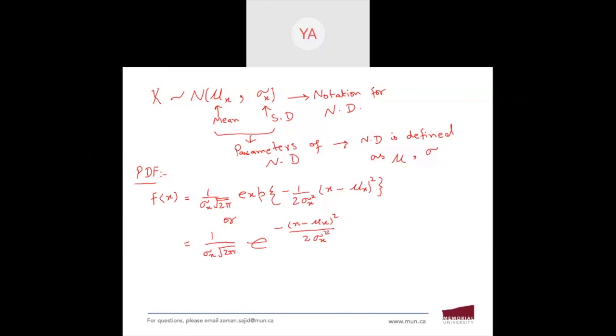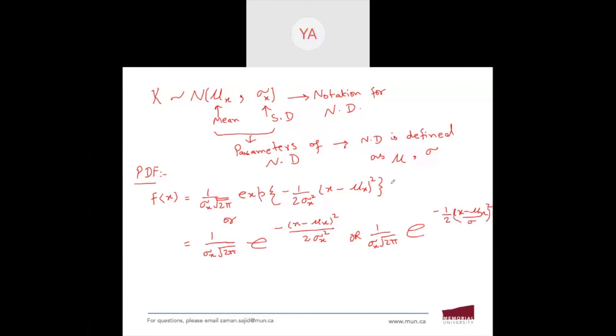Now, because this is a square here, you can also write it in a third form: 1 over sigma of x square root of 2 pi, exponential power minus 1 by 2 of x minus mu of x over the sigma, and that will be the whole square.